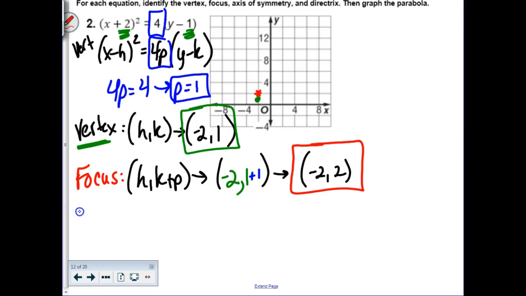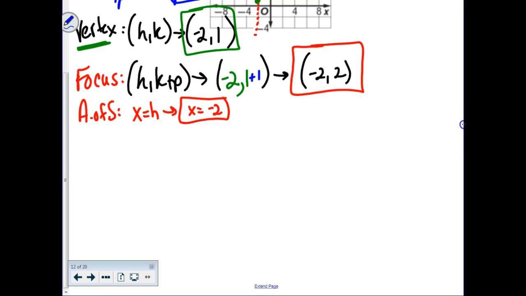All right, axis of symmetry. For a vertical parabola like this, the axis of symmetry is x equals h. So that means we have x equals -2. Doesn't surprise me. It's supposed to go straight through the vertex. And then the directrix. Anyone think they know what it is without calculating it?